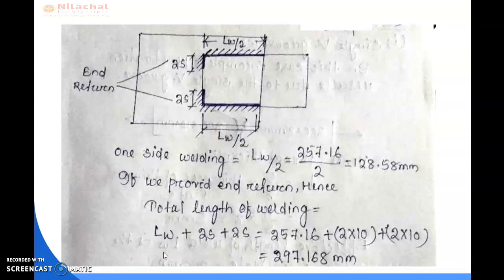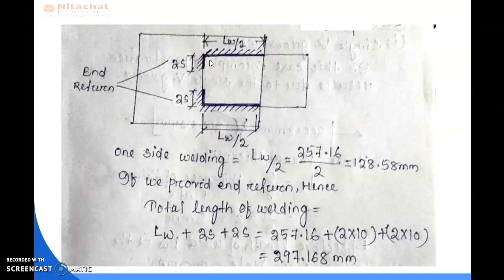Now you can see the effective length of the weld. In the figure, the effective length means the length of the welding provided to merge the two plates. The lower plate is bigger in size, and the upper plate is smaller in size.